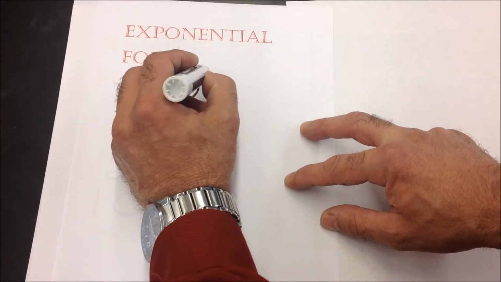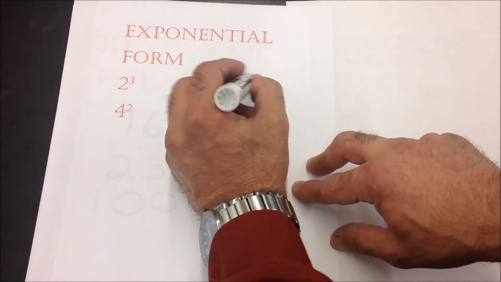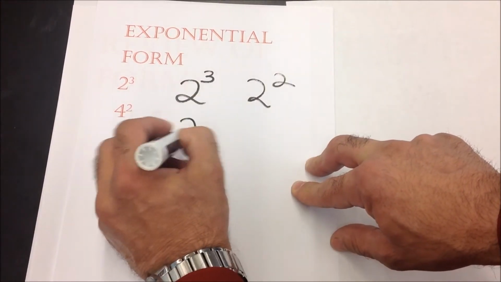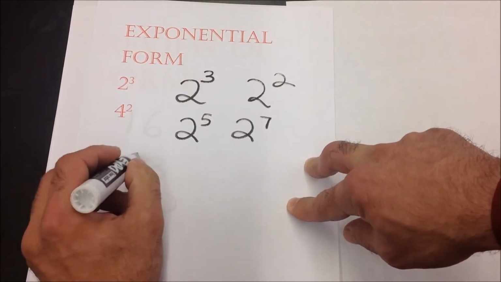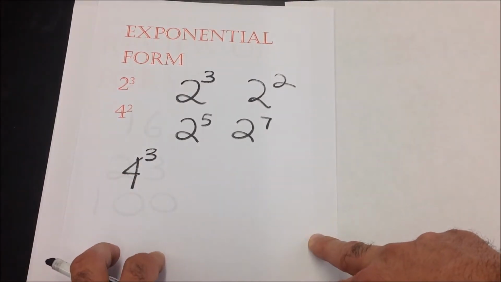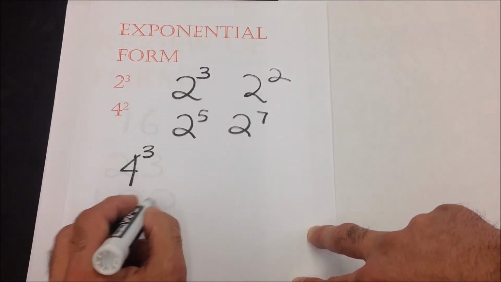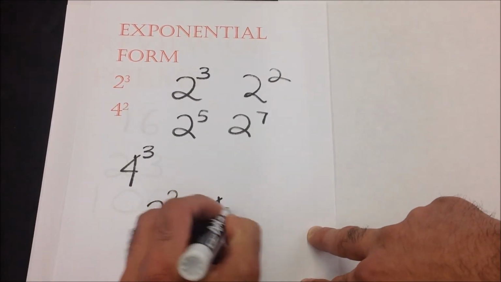So it's 2, and we put a little exponent. That's 2 cubed. You can also have 2 squared, or 2 to the 5th power, 2 to the 7th power, or there could be any number to any power. So that's exponential form. So again, let's say we had 2 squared. 2 squared is exponential form, and in standard form, it's 4.